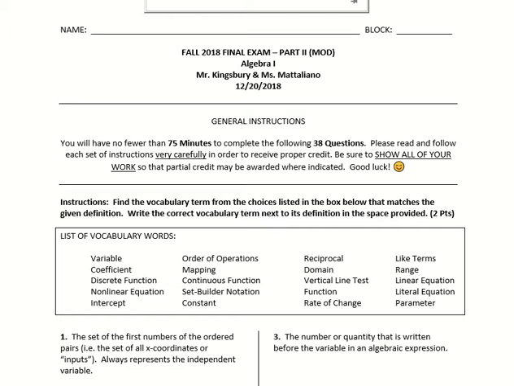List of vocabulary words, reading from left to right: variable, order of operations, reciprocal, like terms, coefficient, mapping, domain, range, discrete function, continuous function, vertical line test, linear equation, nonlinear equation, set builder notation, function, literal equation, intercept, constant, rate of change, parameter.